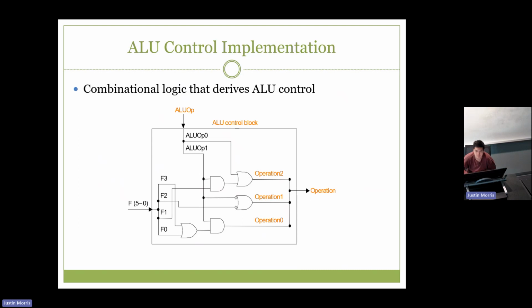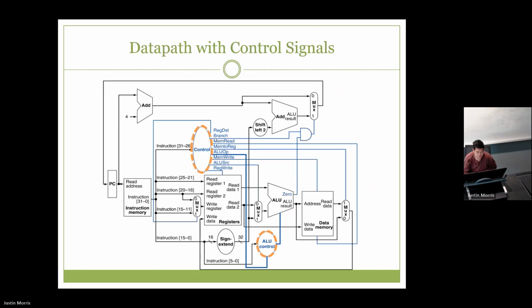We need to do a very similar thing for the larger control block that takes in the opcode. We still need to handle this one, and it is going to control all of our muxes. RegDst is a mux. Branch is an AND gate for controlling the mux; it takes in the zero flag and the branch.